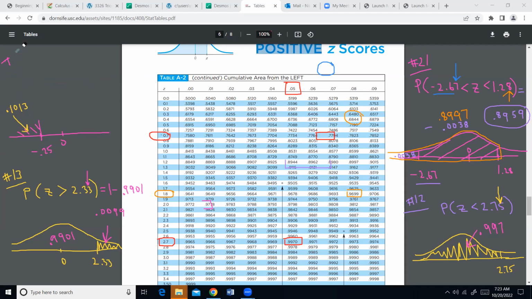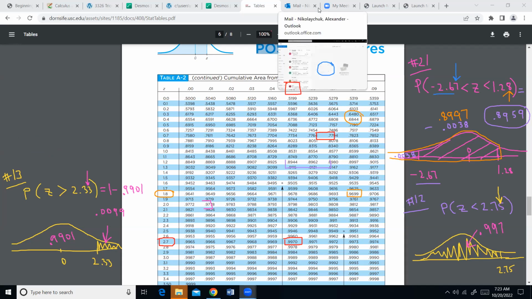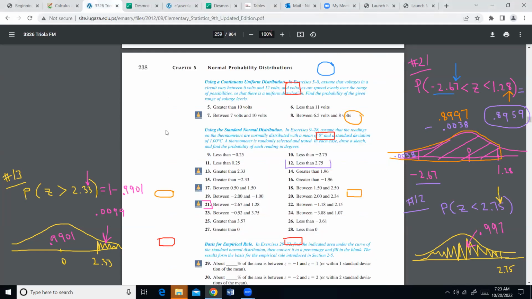So let's have you try to do problem number 10, right? So let me prepare it for you so it's going to look nice and the way we used to already do this. So for problem number 10 that we have for a little quiz for today, please find the area which is the same as a probability that z is less than negative 2.75.